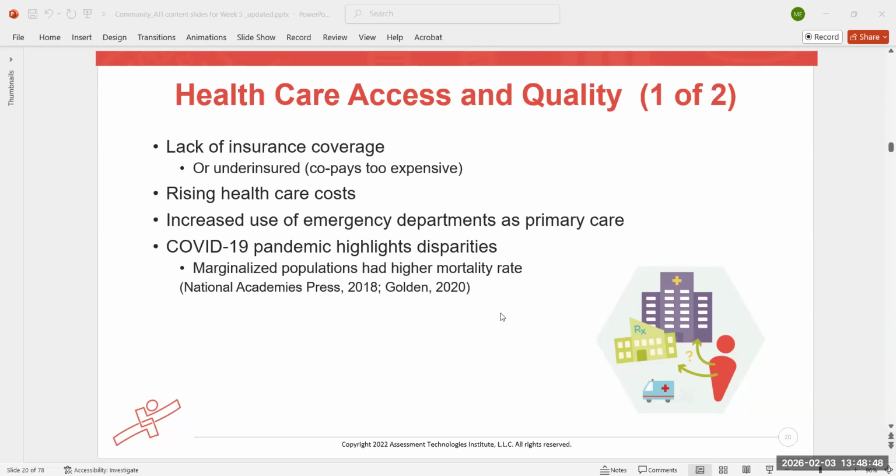So because there is a concern of rising healthcare costs, there's been an increased use of emergency departments as primary care, whereas the COVID pandemic did highlight disparities that were present, especially individuals who have a lower socioeconomic status or living in an area with less resources, who are marginalized, had higher mortality rates to the pandemic because of lack of resources.